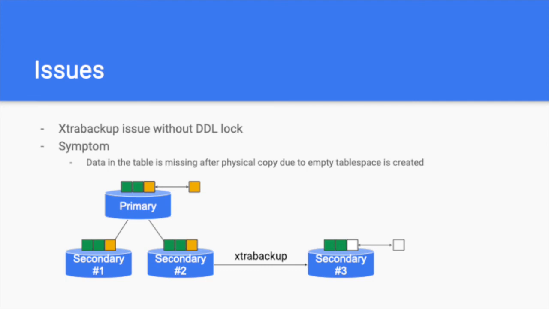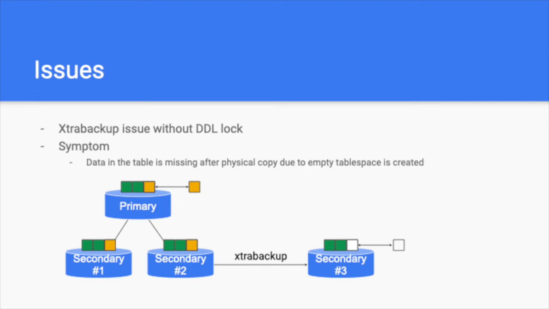So instead of erroring out, it created an empty tablespace and finished the table swap. So we end up with an instance that has one particular table with no data in it, which obviously is wrong.